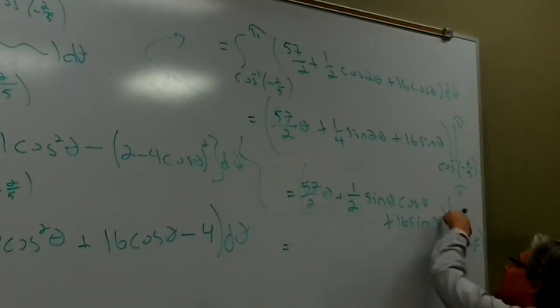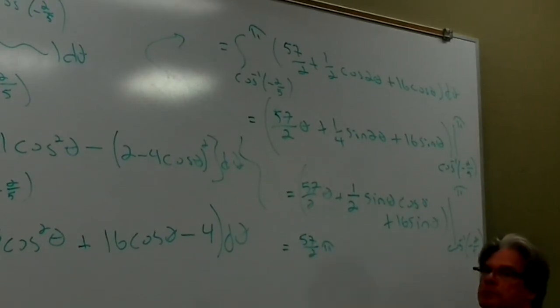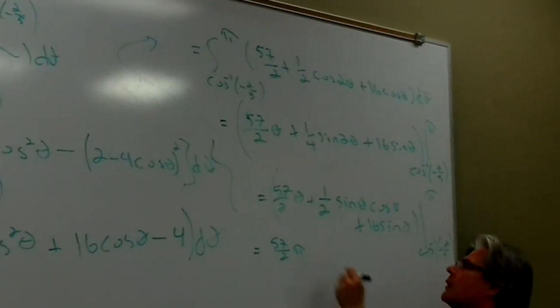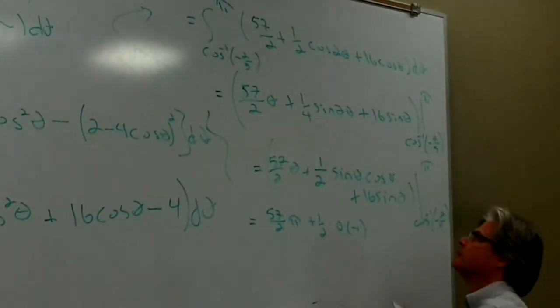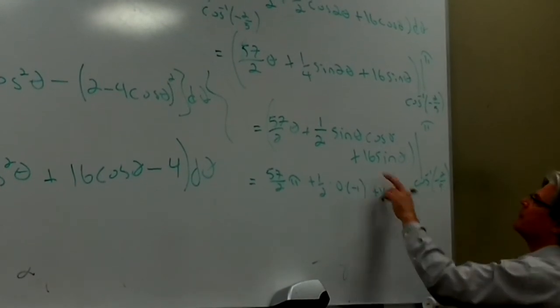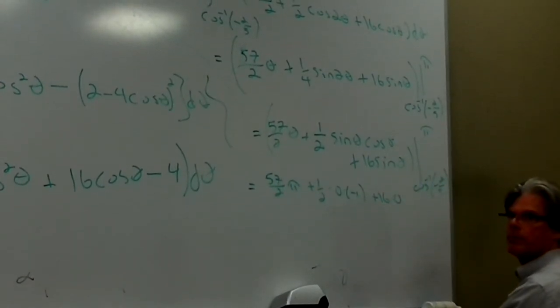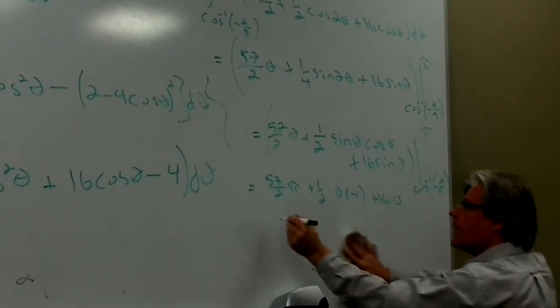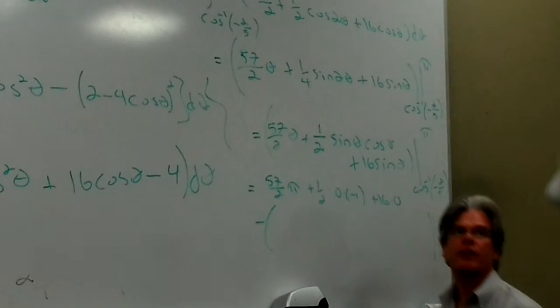Evaluating the antiderivative at the upper bound of integration gives 57 halves pi, plus 1/2 times 0 times negative 1, plus 16 times 0. Minus this antiderivative evaluated at the lower bound of integration.